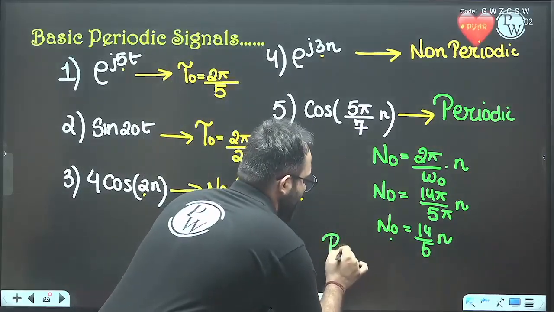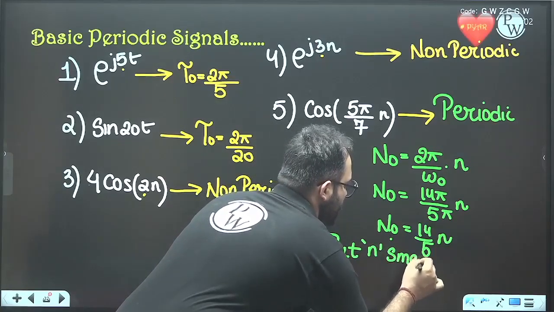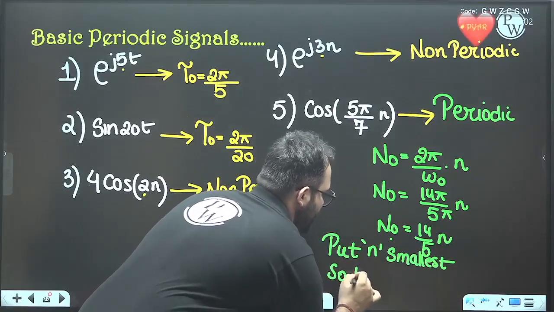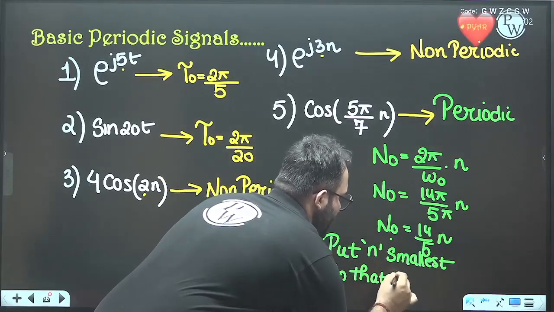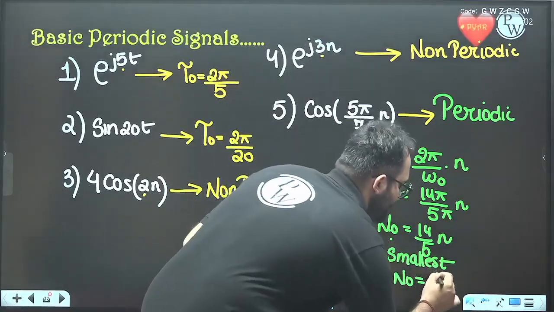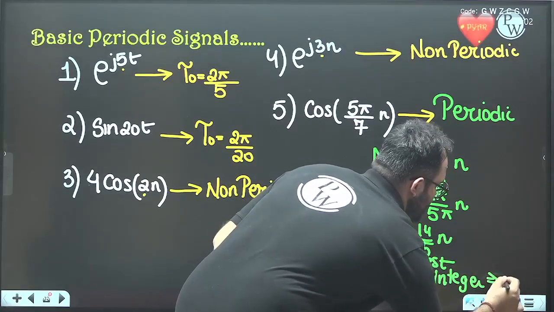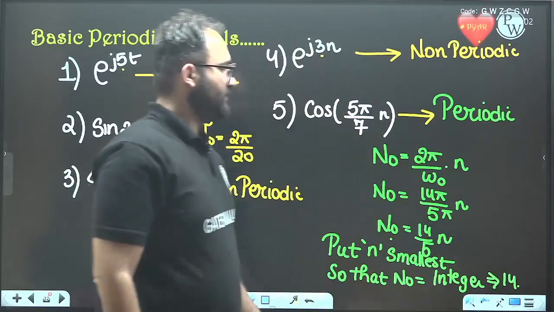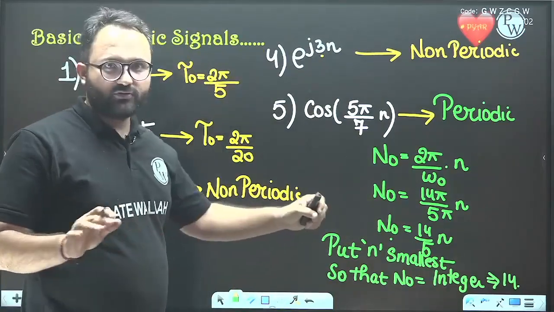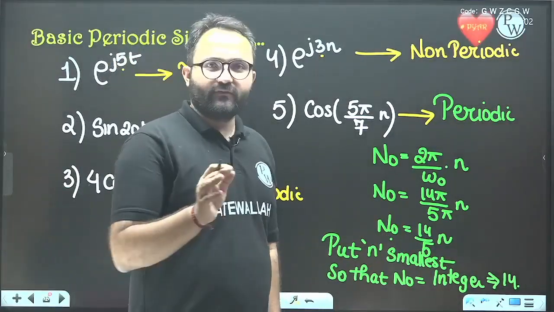So put n as the smallest integer so that n naught is an integer number. So n naught will become 14 here. Okay, one more example for more clarity. Are you able to see this? 14 by 5, we need to make it an integer, so we'll multiply it by 5. Simple.